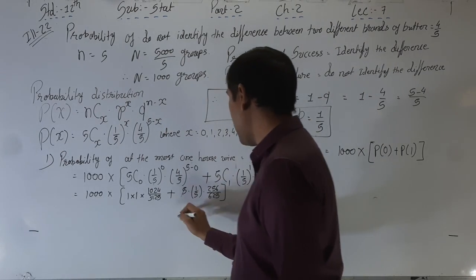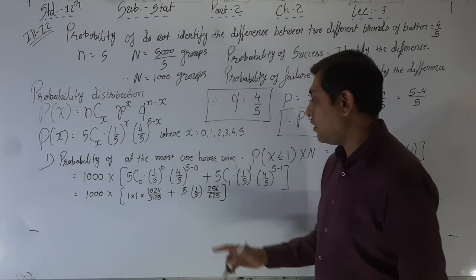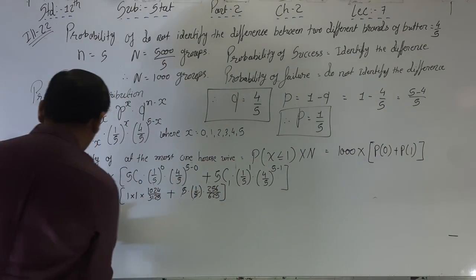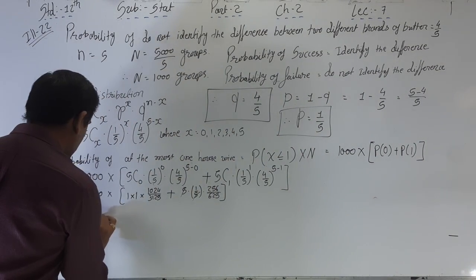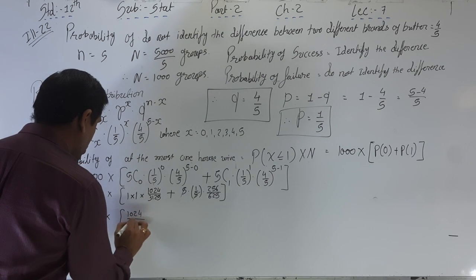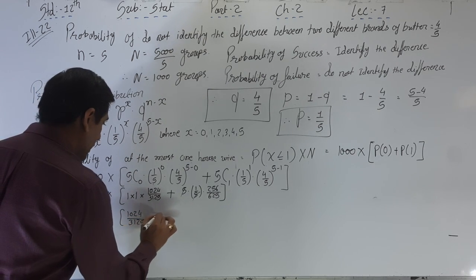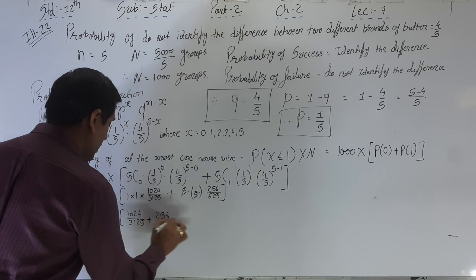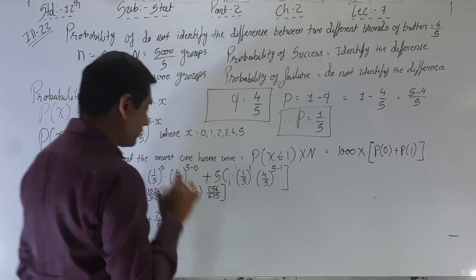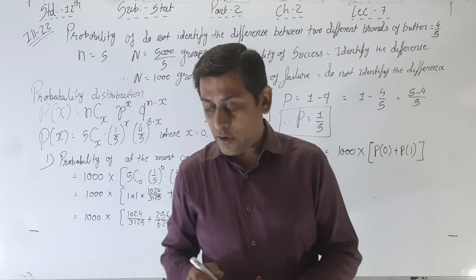Here the 5 is cancelled, so it is equal to 1000 into 1024 divided by 3125 plus 256 divided by 625. Now simplify it.